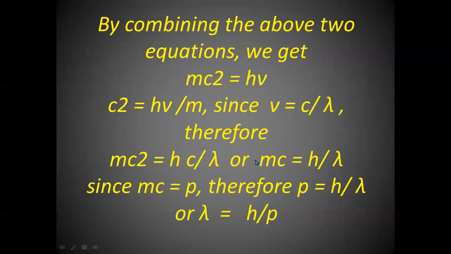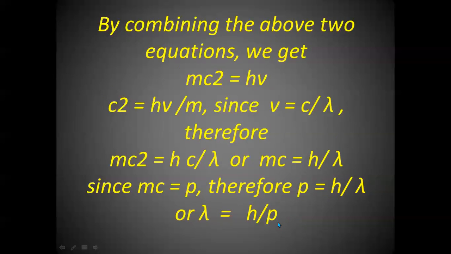This m into c, just now I told you, mass into velocity is nothing but momentum. Therefore, we can substitute p for mc and we get the equation p is equal to h by lambda. Or sending lambda to the left side, we get lambda is equal to h by p.